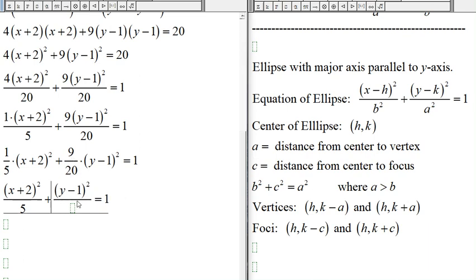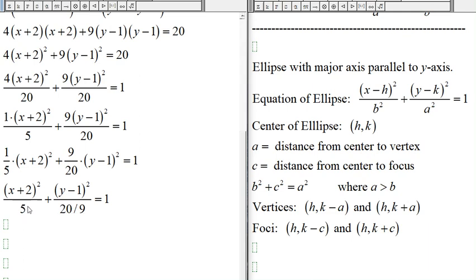Multiplying by 9/20 is the same as dividing by 20 over 9, or multiplying by the reciprocal, which is 9 over 20. 20 over 9 is less than 5.